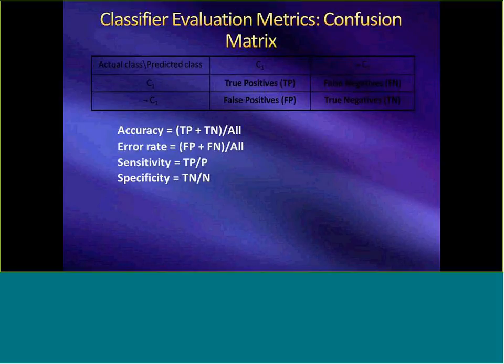The main parts of the confusion matrix are the true positive and the true negative, which we are concerned about. The other two parameters give us insight about the error rate and about the specificity. So you see the accuracy is the most important metric we care about for any classifier.